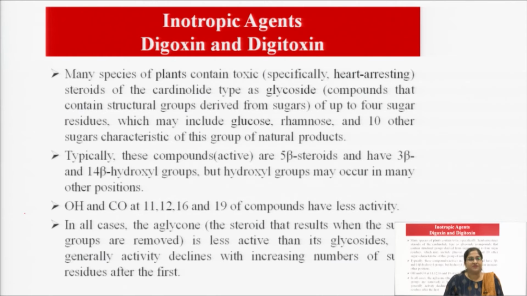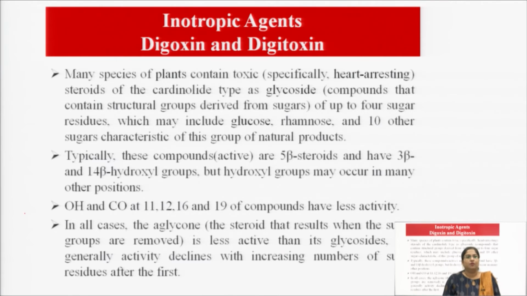beta hydroxyl groups, but hydroxyl groups may occur in many other positions also. As we talk about steroids or cardiac glycosides, sugar residues like glucose and rhamnose are there, so they have many hydroxyl groups.